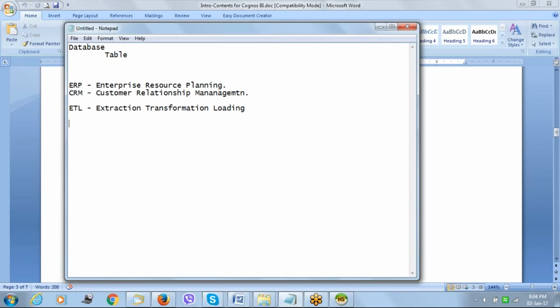So I need to analyze the trend and previous history so that the product can be manufactured more on that particular time. Sales of this product is high, so the supply of the product is to be equal to the sales. So those type of things we need to analyze. So the data warehouse will have the history of data.